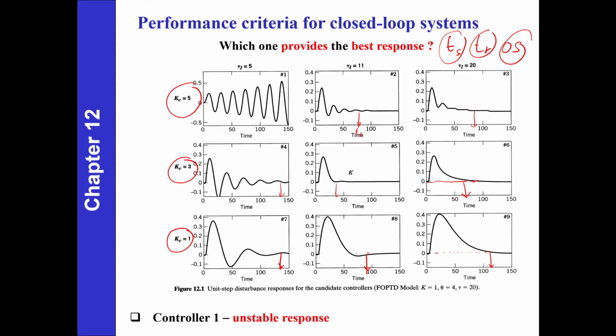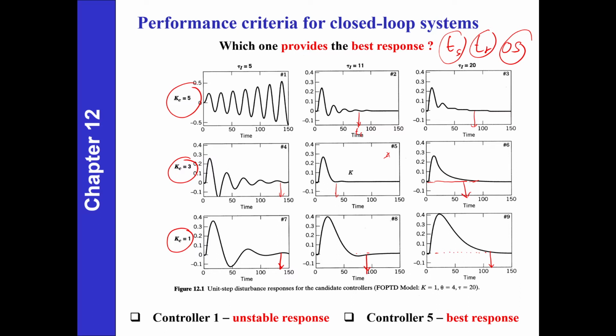Okay. For controller number 1, it is an unstable response. But for controller number 5, it is the best response. Okay, I'm giving you the answer. This is the best response because it has the shortest settling time. Okay, can we compare in terms of overshoot?